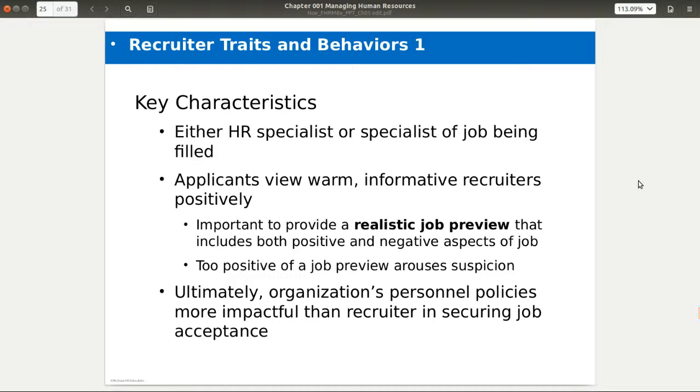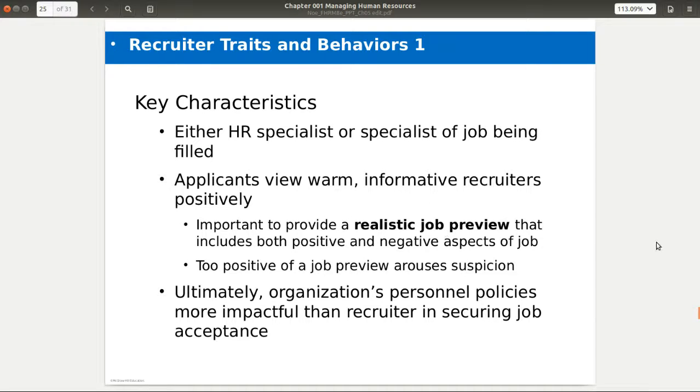Now, when you start thinking about the recruiters themselves, there are certain characteristics that the recruiters need to have. First of all, they need to be people persons. In other words, they need to like other people. They need to be able to speak well. And they also need to be able to sell the job and the organization, as long as they're realistic as far as what it is that they're doing.